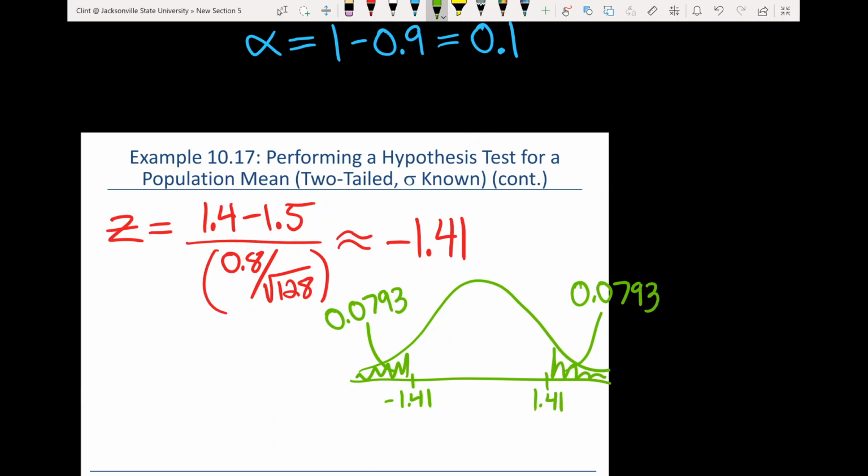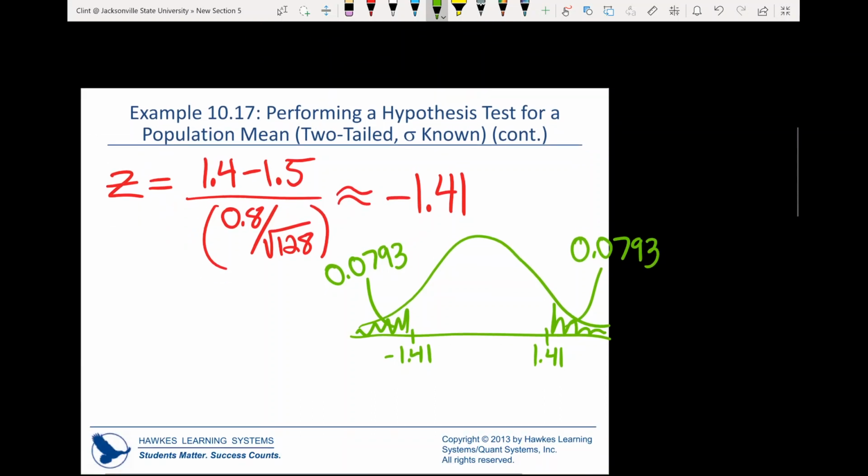Either you can think about adding these together or multiplying by 2. So if we do 0.0793 times 2, our p-value on this one is 0.1586. We only have to do that multiplying by 2 trick because this is a two-tailed test, so we care about both tails, left tail and right tail.